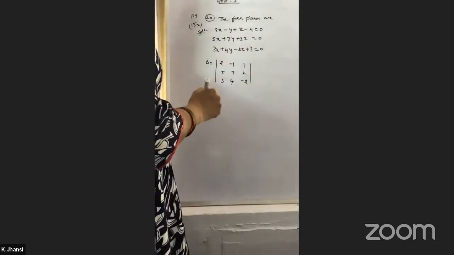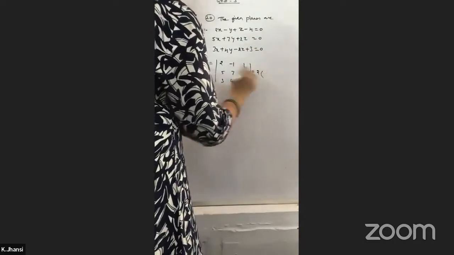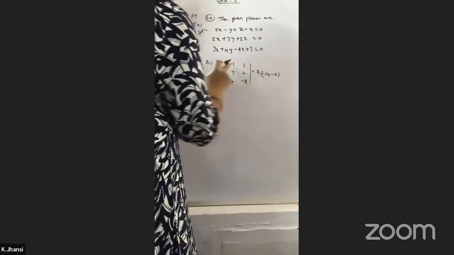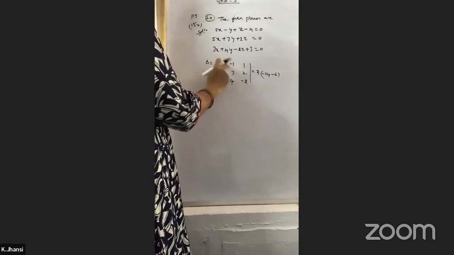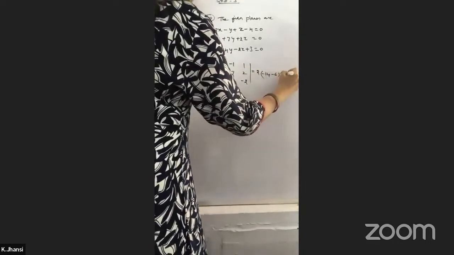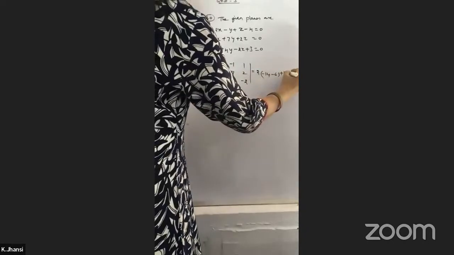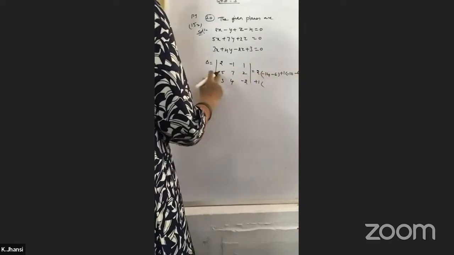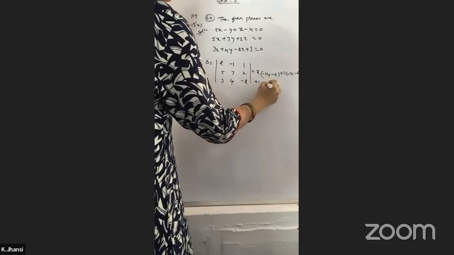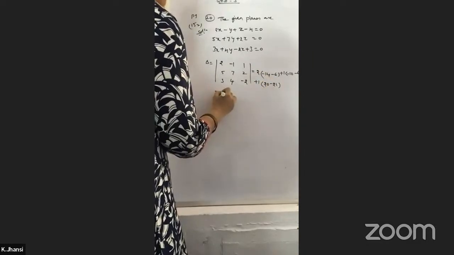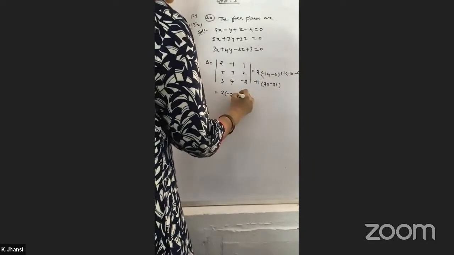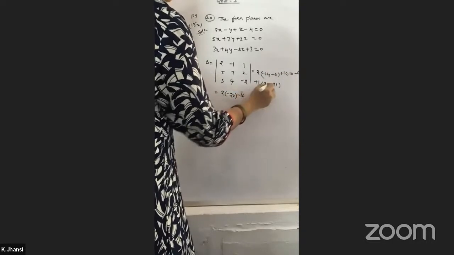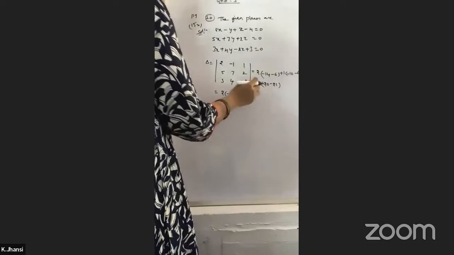Okay, so the same determinant we have to find. It is equal to 2 into minus 14 minus 6. Here already minus is there, and this term is the minus, so minus of minus means it is plus 1 into minus 10 minus 6. After that, plus 1 into 5 fours are 20 minus 21. It is equal to 2 into minus 20 plus 1 into minus 16, and 20 minus 21 means minus 1.